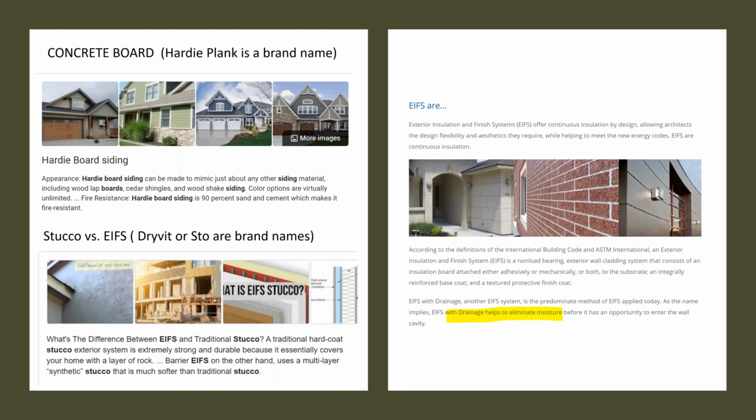Relocation companies will typically not take a house that has EIFS on it back into their inventory because of the issues associated with EIFS. If you are selling a house that has Drivit or Sto or this fake stucco application on it, there is a specific warranty that you can get for that house.